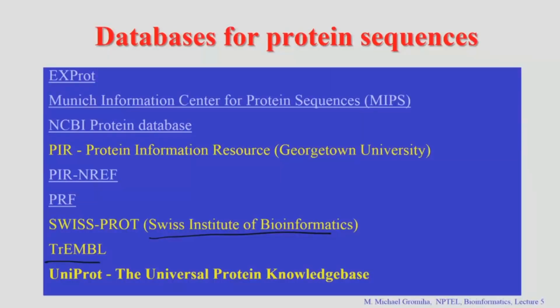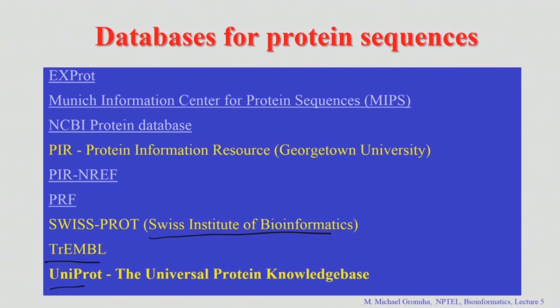Later on they combined these major databases, PIR and SwissProt, and formed a consortium called UniProt. This is the Universal Protein Knowledgebase, which contains information regarding protein sequences plus other information that we can use as tools.